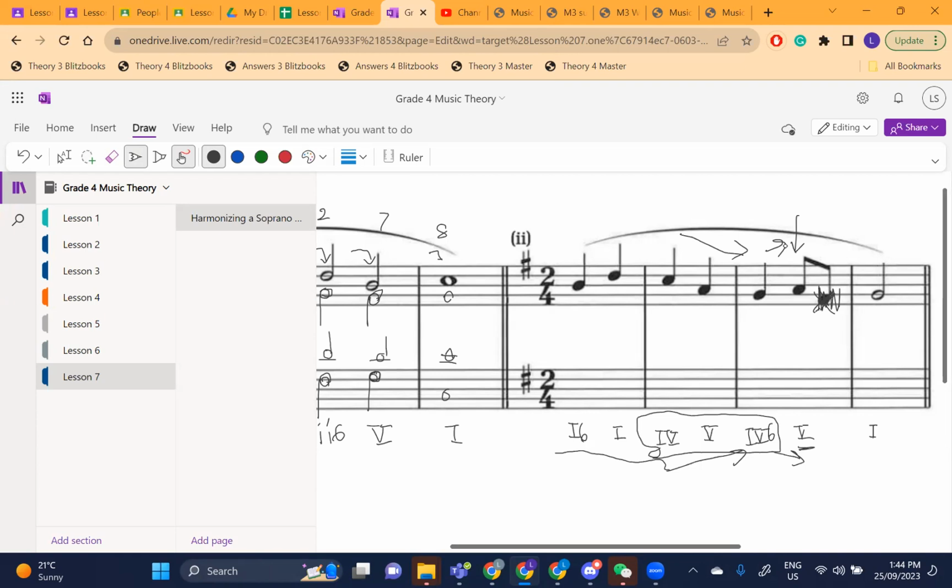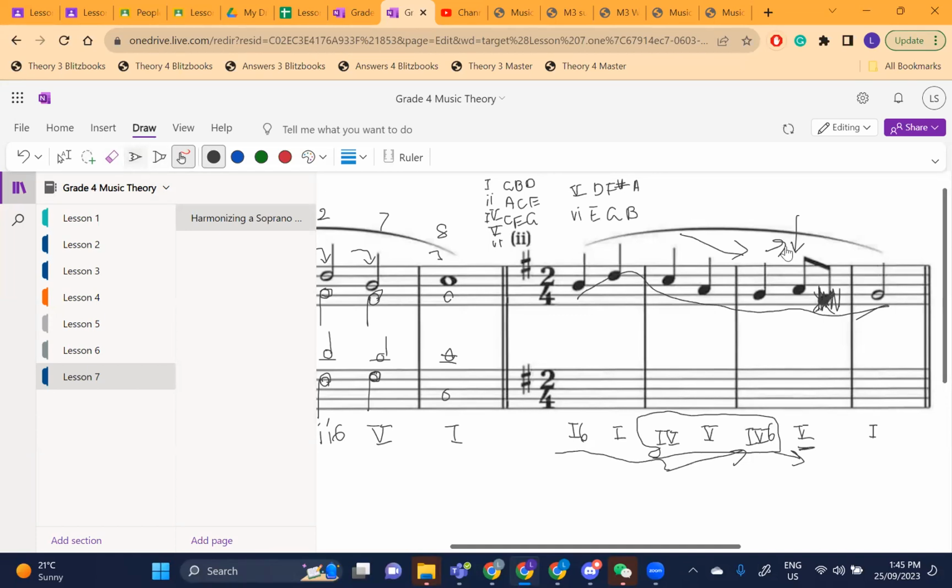Also, by the way, when you're doing stuff like this, I recommend writing out a chart, like 1, 2, 4, 5, and 6. 1 is G, B, D, 4 is C, E, G, 5 is D, F sharp, A, and 6 is E, G, and B. I recommend writing out a chart like that so you know what notes in the soprano can go to what chord.